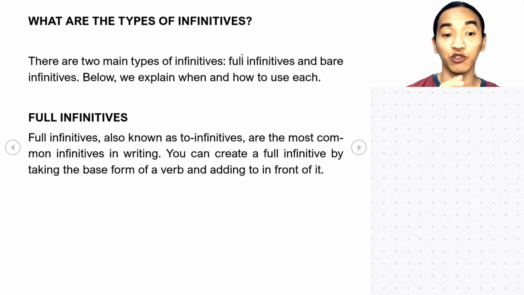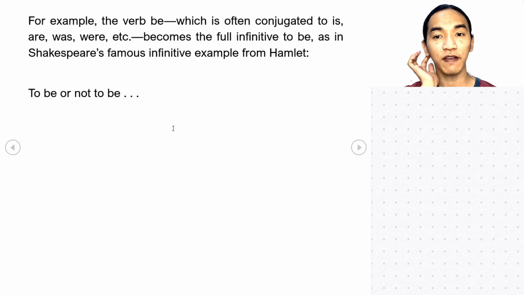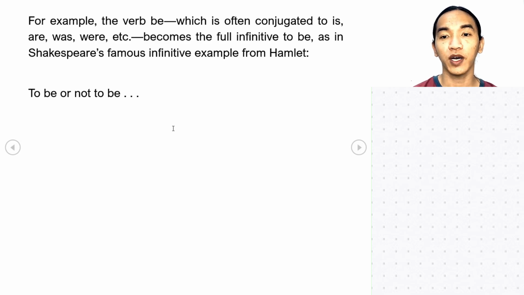That's why we call it the to infinitive or the full infinitive. For example, the verb be, which is often conjugated to is, are, was, were, etc., becomes the full infinitive to be, as in Shakespeare's famous infinitive example from Hamlet, to be or not to be. So this is an example of a full infinitive or to infinitive.